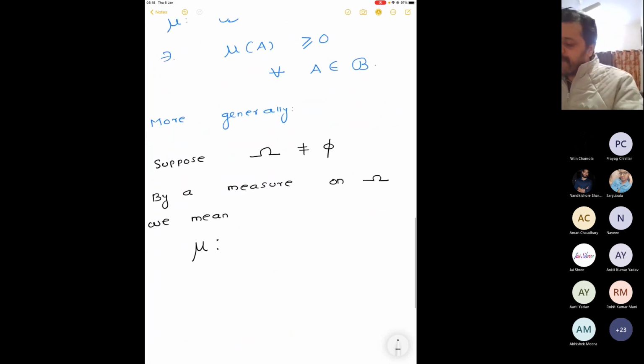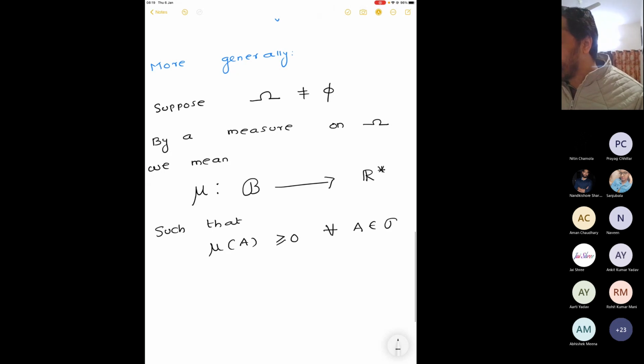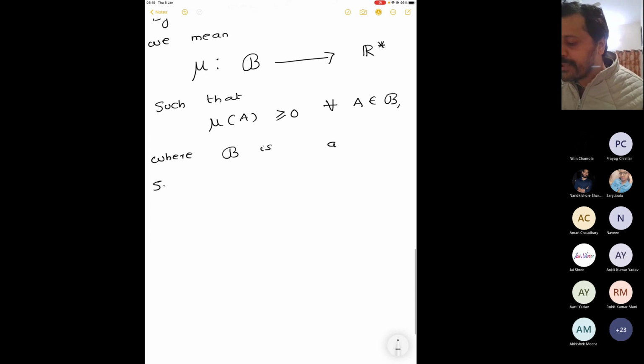Okay, so I will write mu from B to R star such that mu of A is greater than or equal to 0 for all A in B, where B is a suitable collection of subsets of omega.